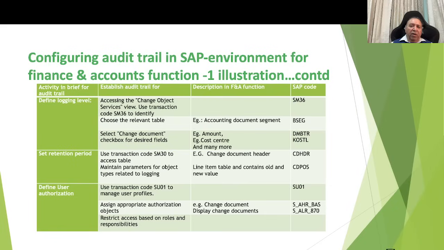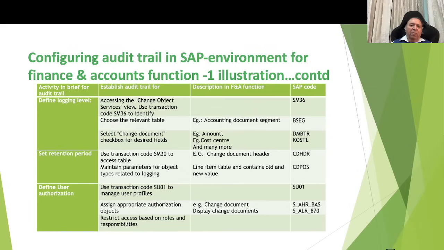Select the change document, for example what all changes have been done in this accounting document segment. Amount has been changed, for example, so the SAP code for this is DMBTR. Cost center changes made: KOSTL is the SAP code. Through these logging level details, one can identify what all changes have been made to the various kinds of objects.